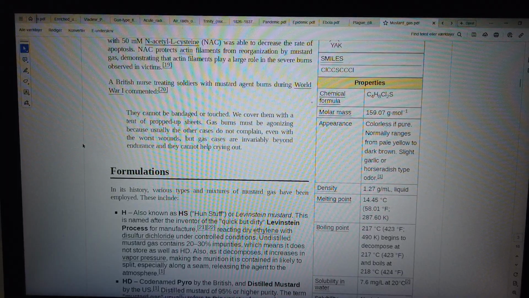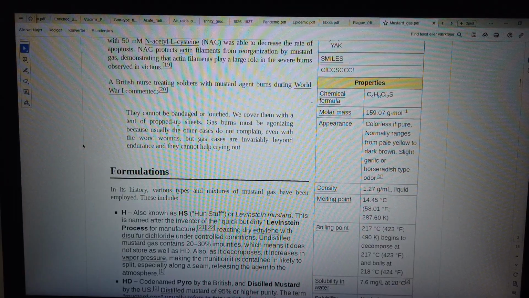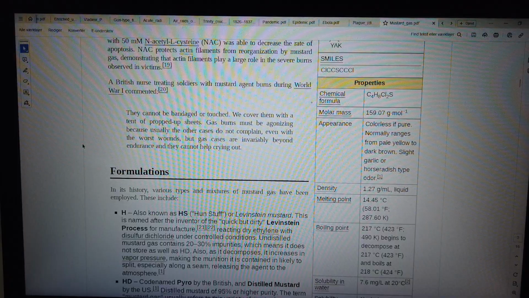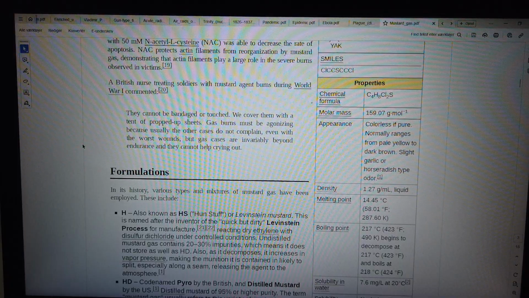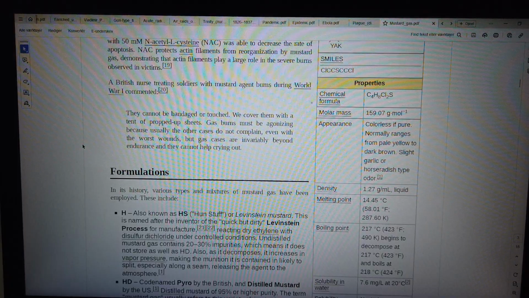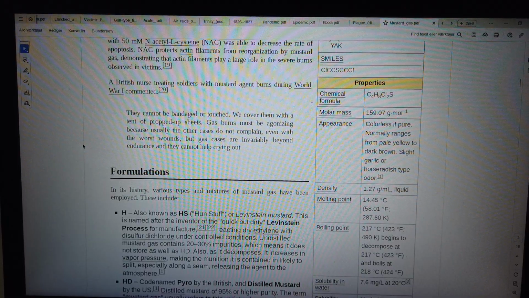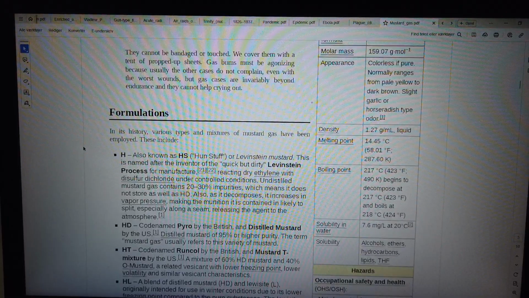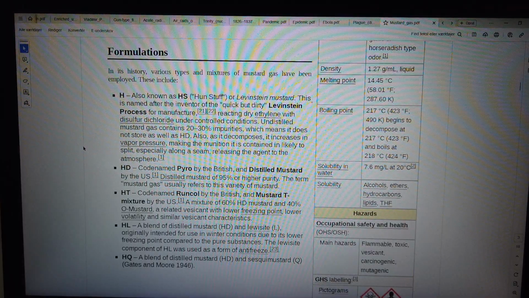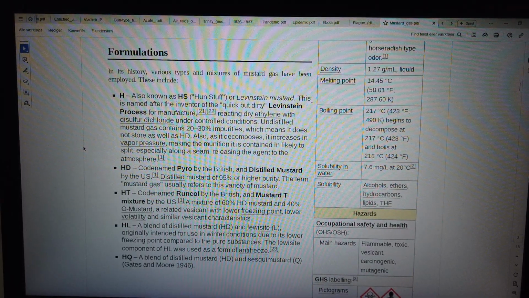Formulations. In its history, various types and mixtures of mustard gas have been employed. These include H, also known as HS, Hun stuff, or Levinstein mustard, named after the inventor of the quick but dirty Levinstein process for manufacture. 21, 22.